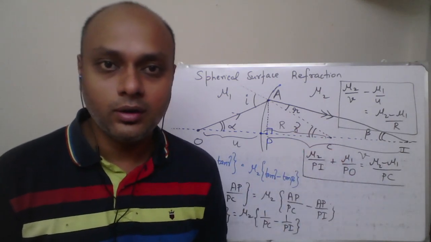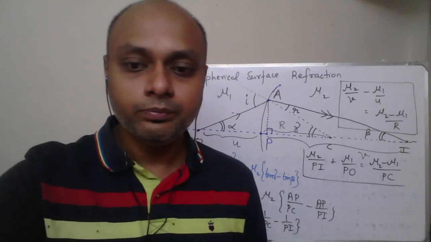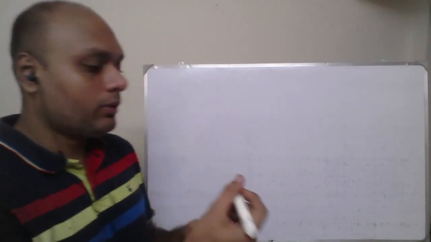It's a very simple derivation. Okay. So once done with that derivation, now we will see Lensmaker's formula derivation and thin lens formula derivation. So again, this is a simple derivation only, but practice it once, it will be comfortable for you.